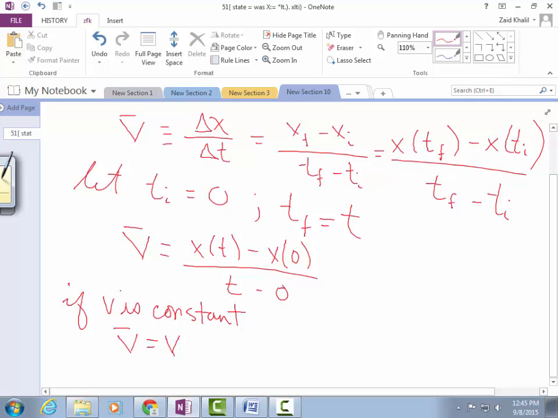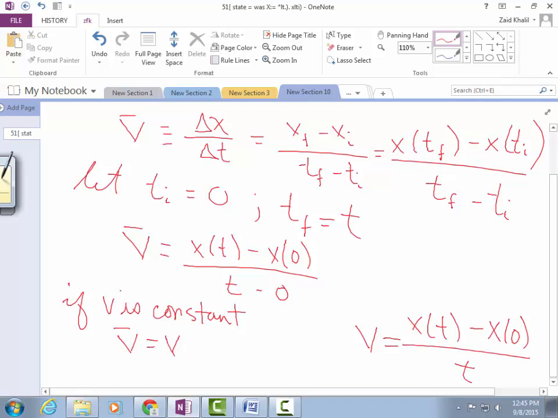And when I say v, I mean the instantaneous velocity, meaning the velocity at any instant is constant. If the velocity at any instant is the same value, its average velocity is simply going to be that value. So you have v is equal to x of t minus x of 0 over t.